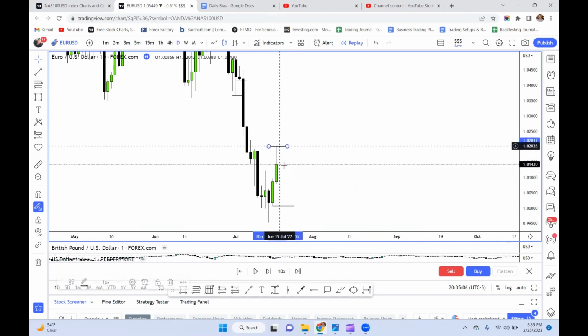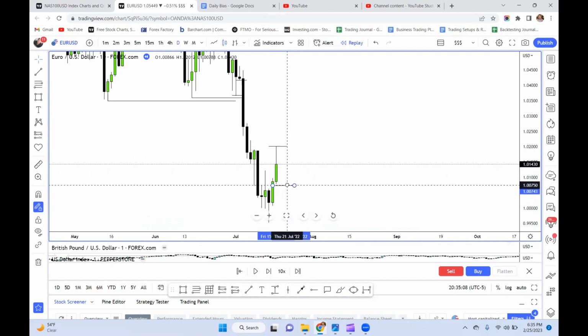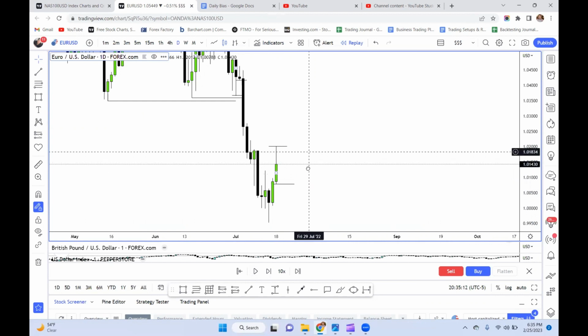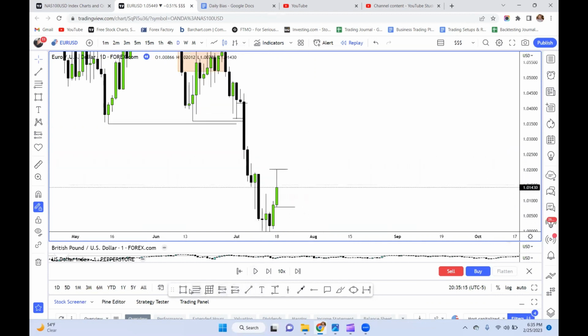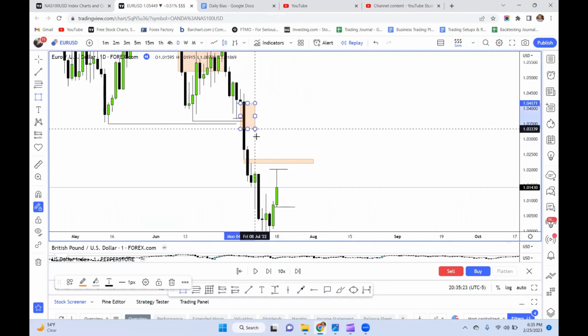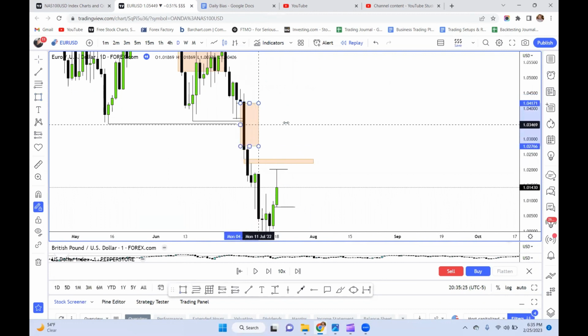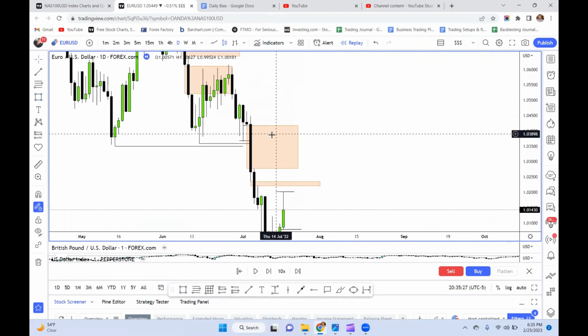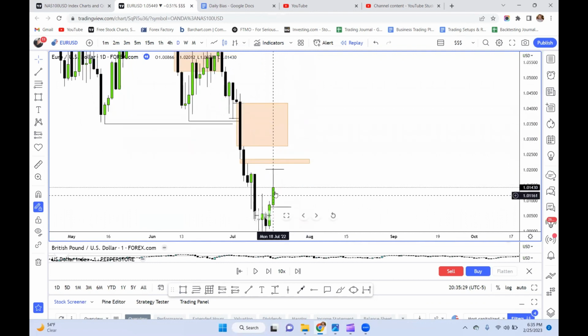We want to see this high get traded through and this low be supported. We don't want to see anything trade below. Now, where is it targeting? Well, there is a fair value gap here, a form of liquidity. There's a fair value gap here, another form of liquidity. So these are the nearest ones that we could see price draw into.